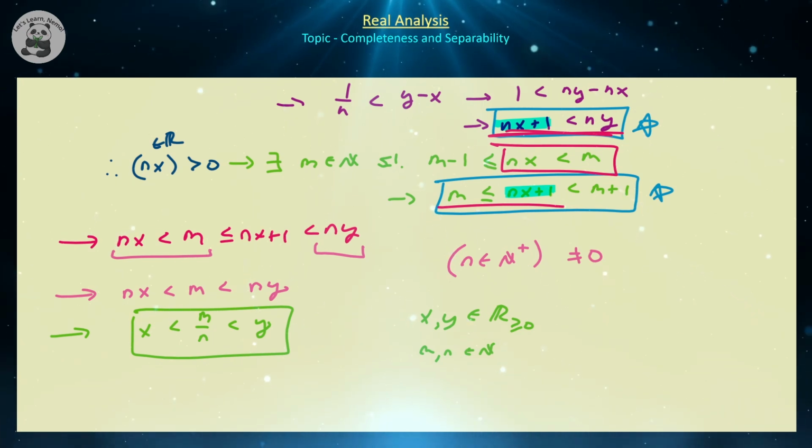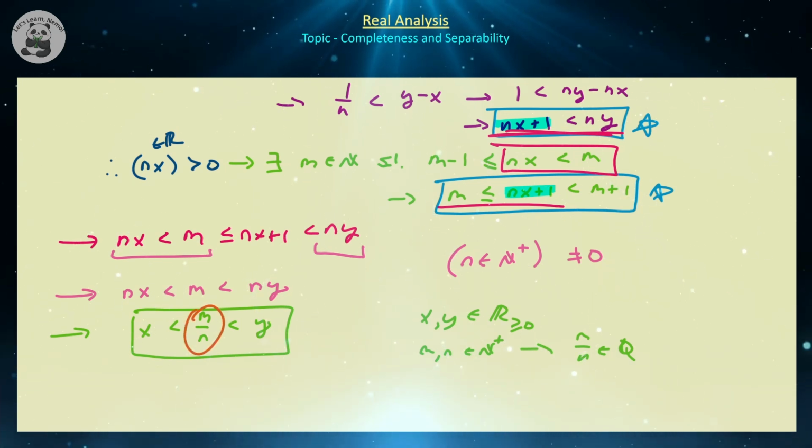And since m and n are natural numbers and n cannot be 0, then m over n is a rational number. Since x and y were arbitrarily chosen, that means there always exists a rational number between any two chosen unequal real numbers. So that means that Q is dense in R, and that implies that R is a separable metric space.